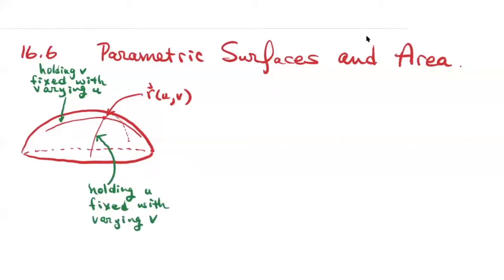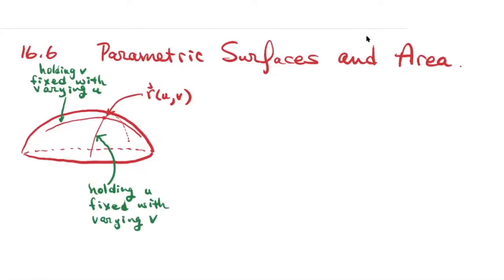They would cross at one point. They don't have to be perpendicular, but they do have to go off in independent directions and only intersect at a point.